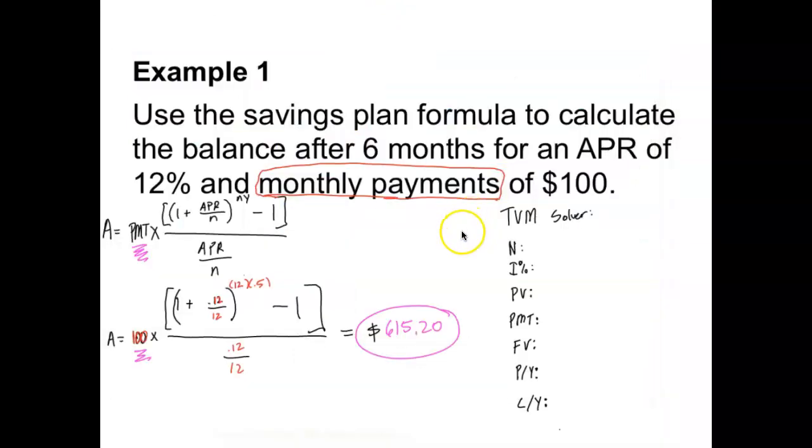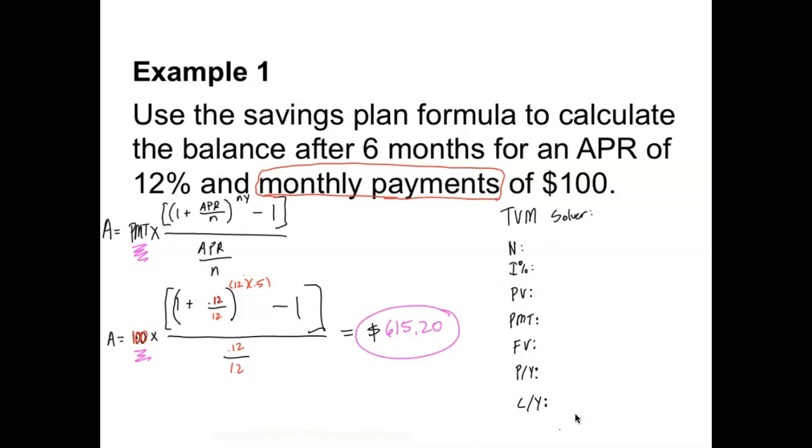So I'm totally fine if you just don't use the formula here and you use the TVM solver in your calculator instead on a quiz or a test. But the work I would need you to show is you're just going to list out what all the inputs are on your TVM solver when you use it. So first thing I'm going to do is tell you what these mean.